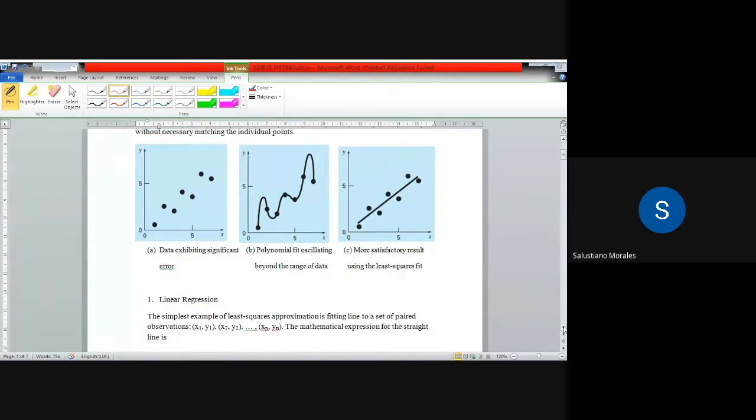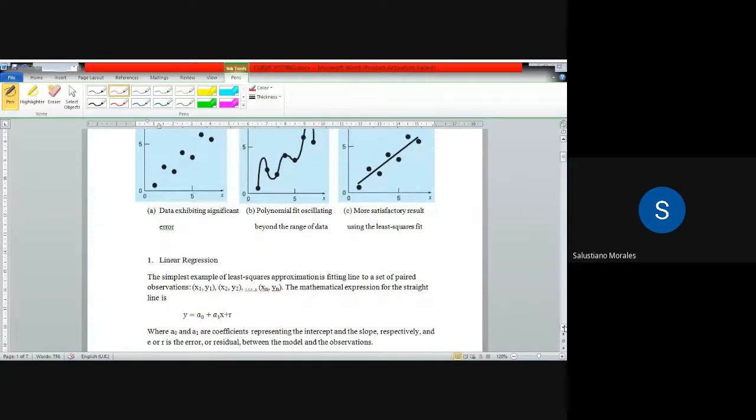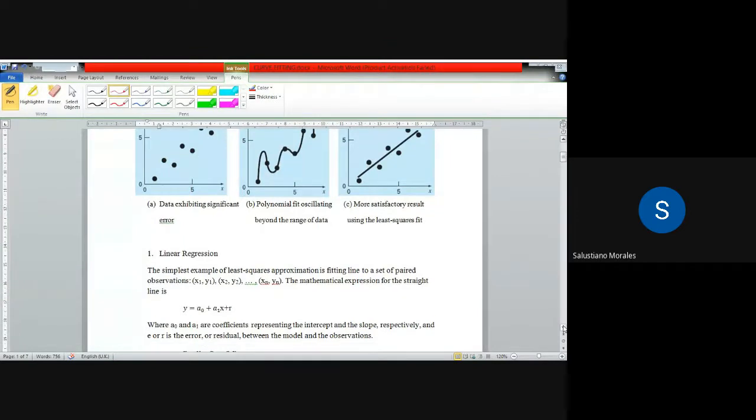First, we consider the linear regression. Meaning we're going to represent those given data points, assuming that they represent a straight line. So we use the linear regression. The simplest example of least squares approximation is fitting a line to a set of paired observations or points.